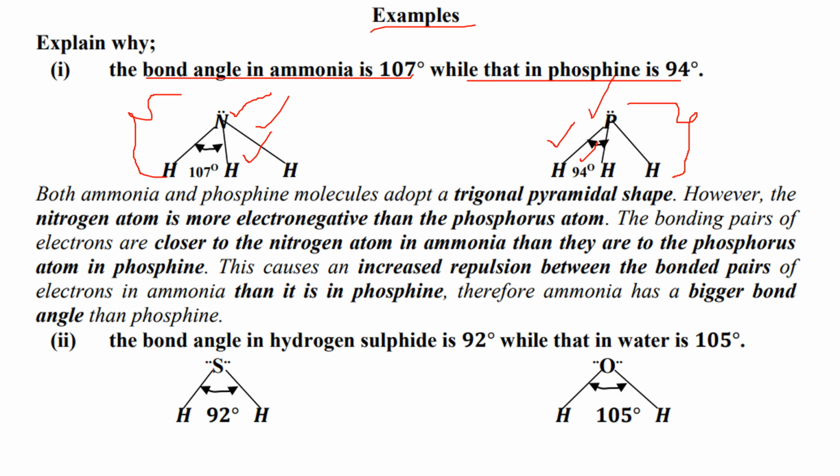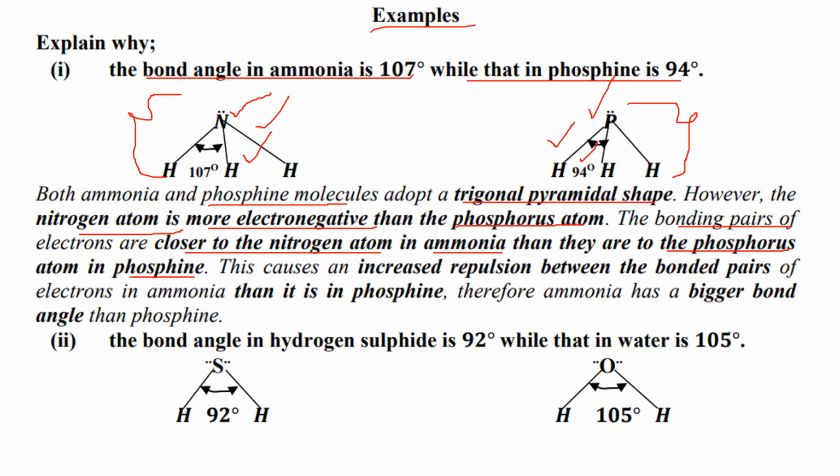So let's look at the elaborative explanation. You're going to say that both ammonia and phosphine molecules adopt a trigonal pyramidal shape. However, the nitrogen atom is more electronegative than the phosphorus atom. And since it's more electronegative than the phosphorus atom, the bonding pairs of electrons are closer to the nitrogen atom in ammonia than they are to the phosphorus atom in phosphine.